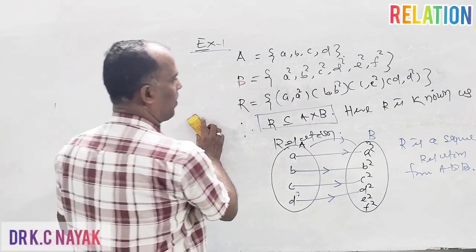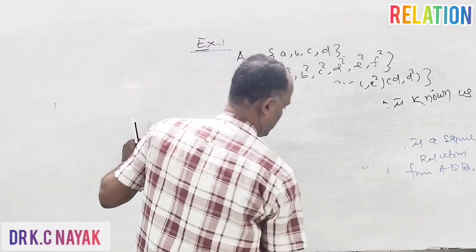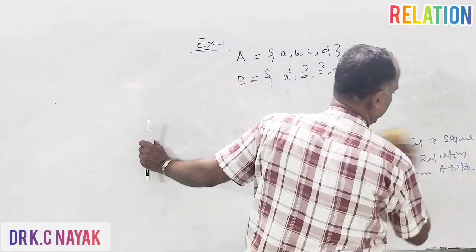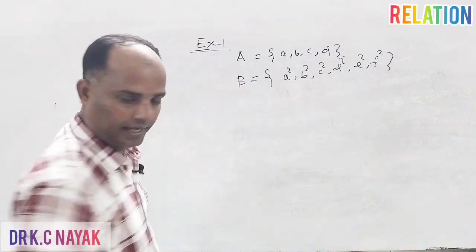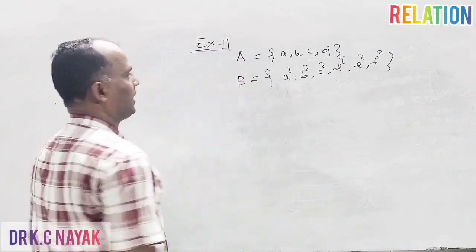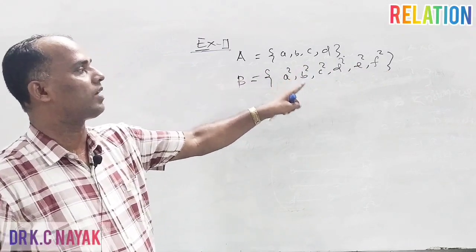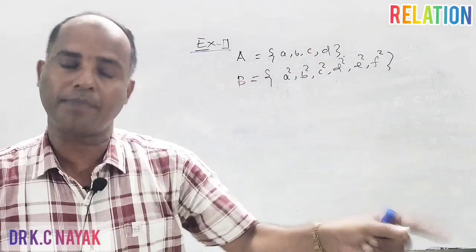Again, we take one more example. This is my example 2. A having a, b, c, d, B having a square, b square, c square, d square, e square, and also f square.